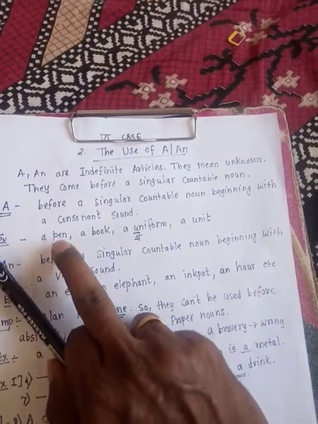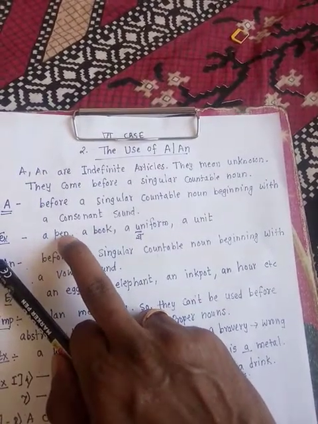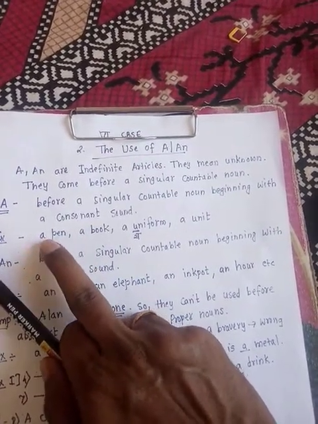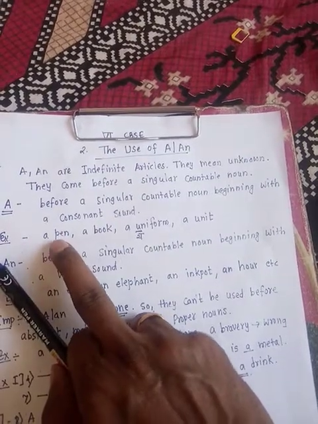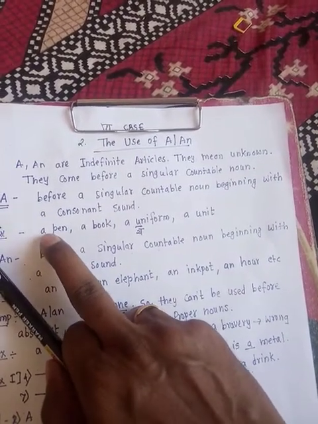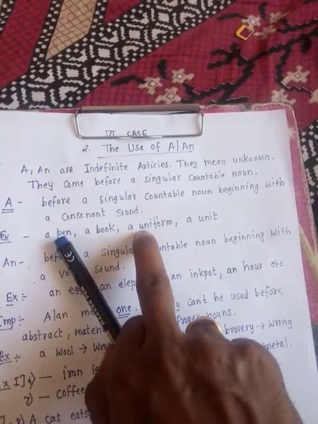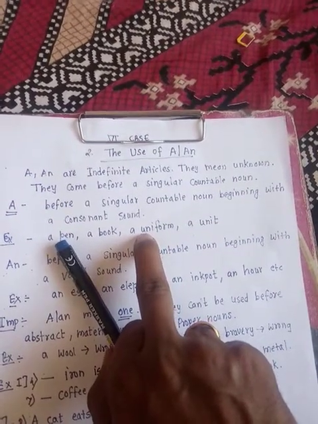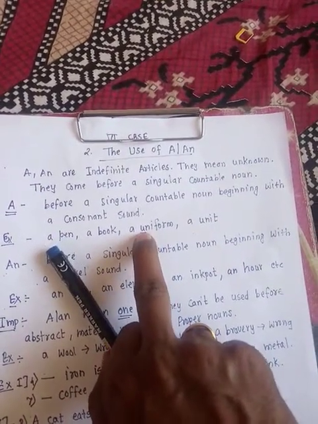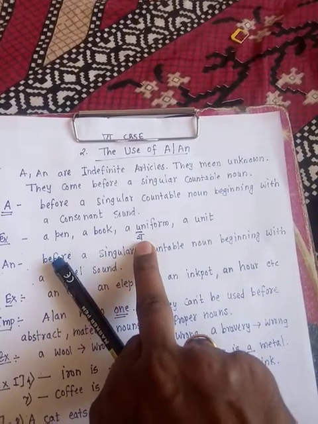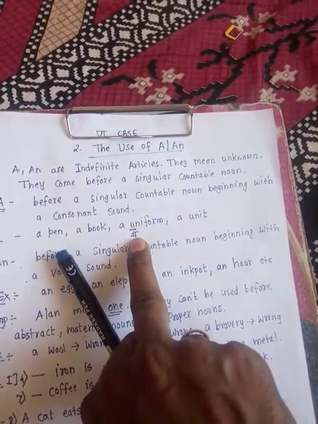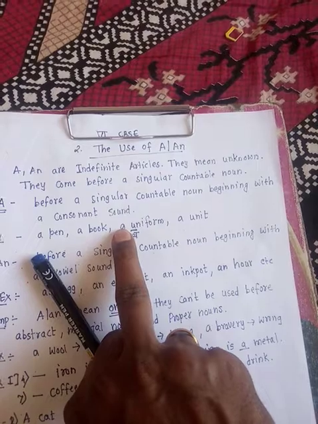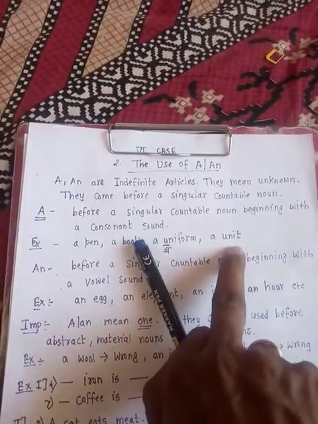So it should be a singular countable noun beginning with a consonant sound. Now uniform begins with u, but it is not at all a vowel sound. It begins with the sound y. So a uniform, not an uniform, a unit.